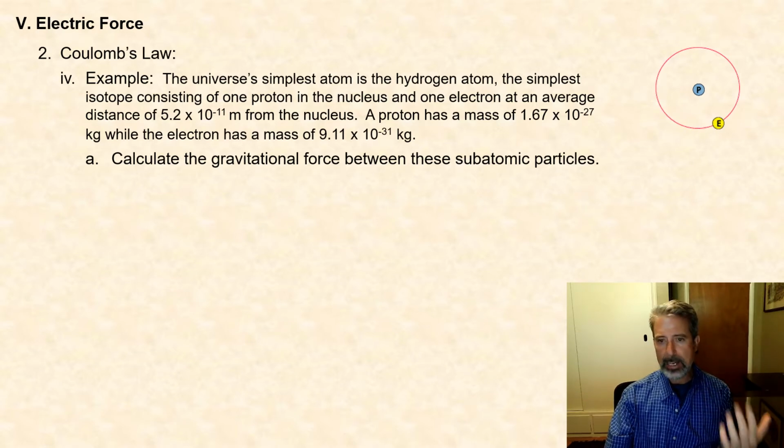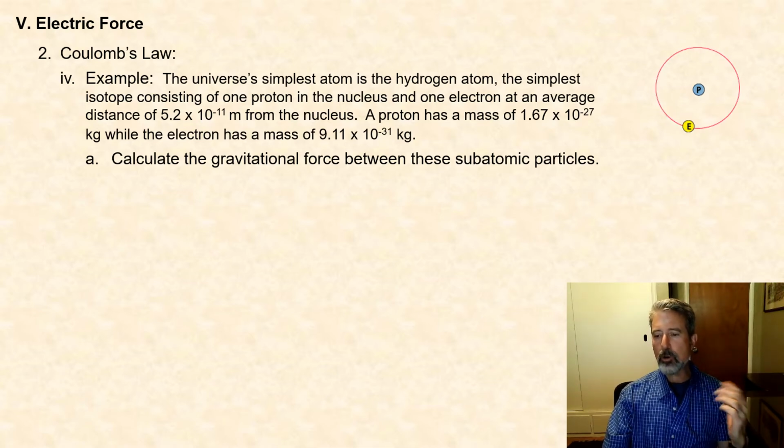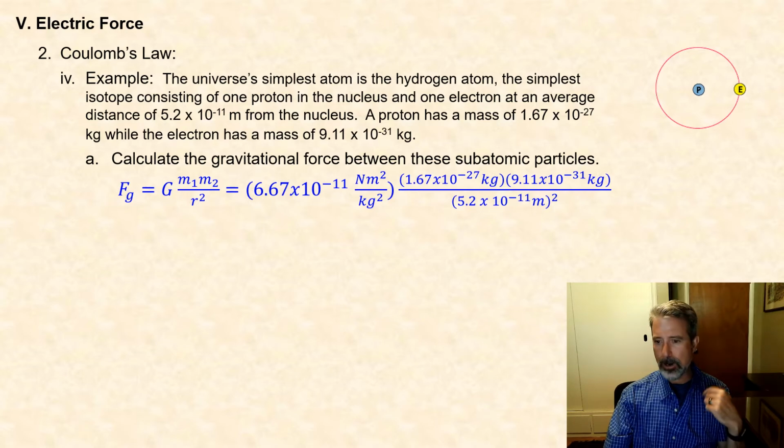We're also given the mass of the proton and the mass of the electron. First, we're asked to calculate the gravitational force between these subatomic particles. Given their masses, knowing the universal gravitation constant as well as Newton's law of universal gravitation, we can quickly calculate the force of gravity between the electron and the proton for the hydrogen atom.